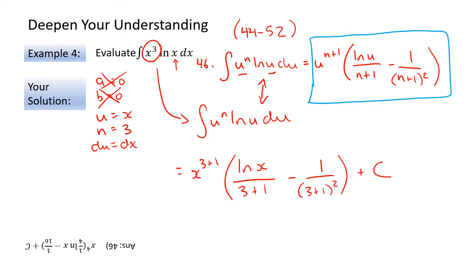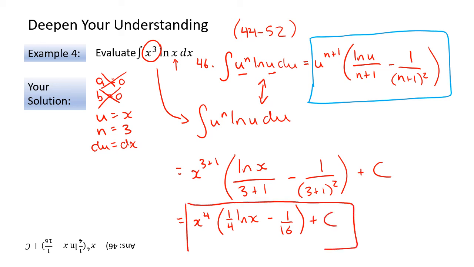And that again is plus a constant, which is not in the tables. If we simplify this, we get x to the exponent 4 times 1 over 4 ln x minus 1 over 16 plus a constant. Okay? So again, once you solve for which one it is in the table, the integral goes very fast.